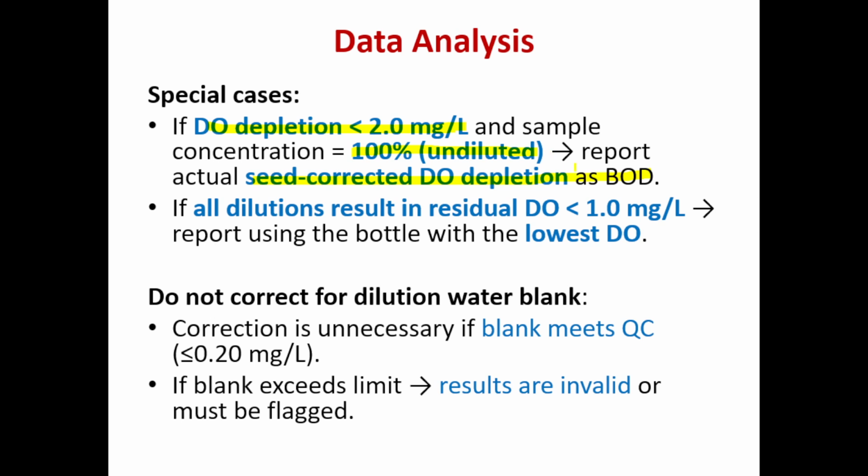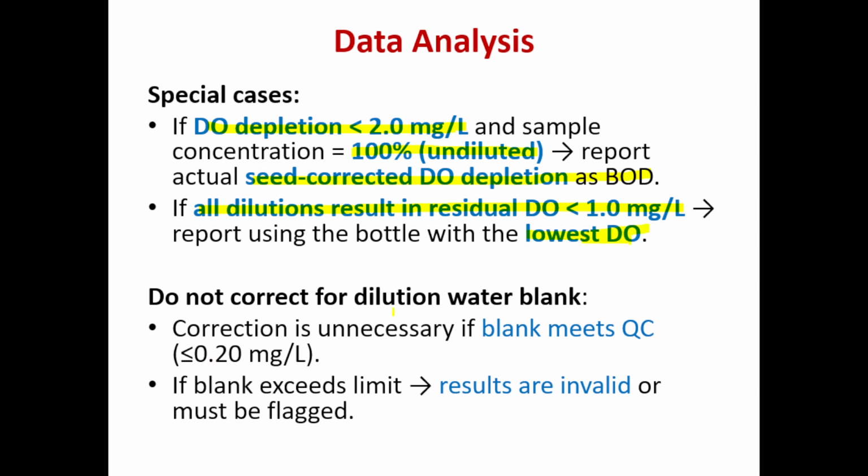For example, in the case of river water using a 100% undiluted water sample, we need to report the actual DO depletion after seed correction as BOD. If all dilutions result in residual DO less than 1 mg per liter, then we need to report using the bottle with the lowest DO.